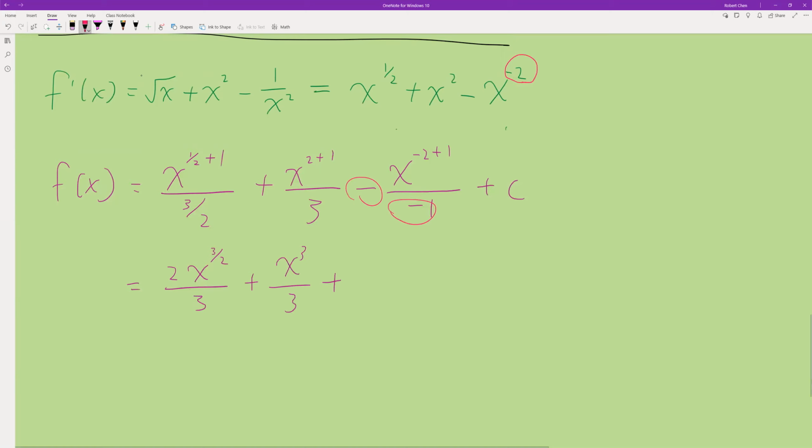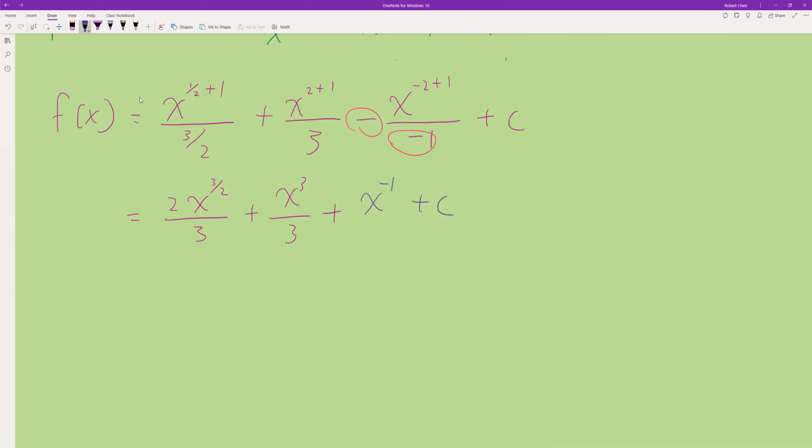So that will be plus x to the power of -2 plus 1, that's -1, plus c. Okay, and that's it, right? Maybe you can clean this up a little bit. You can rewrite this as 2 times the square root of x to the third power over 3 plus x cubed over 3 plus 1 over x plus c. Okay, and that's it.